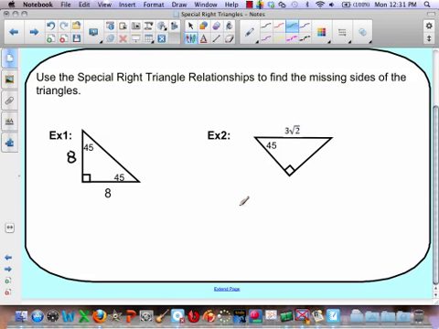So what does that tell me about the length of my hypotenuse? 8 radical 2. So it's just whatever your side length is times root 2. That's the answer? That's it. You're done.